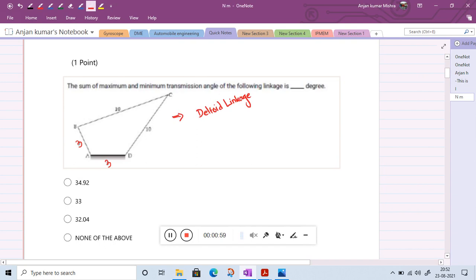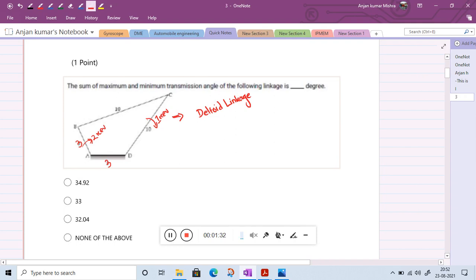As we know, in a deltoid linkage, the lengths of adjacent links are the same, and if one of the smallest links is fixed, it will give us a double crank mechanism, where if the longest link makes one revolution, the shortest link will make two revolutions.